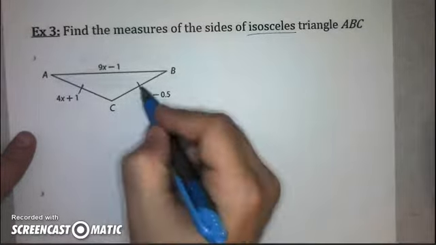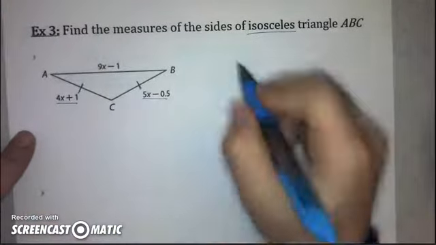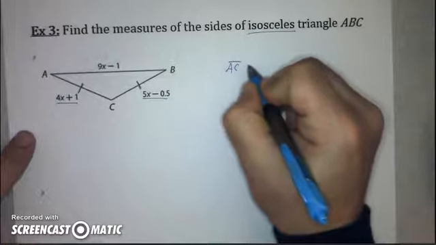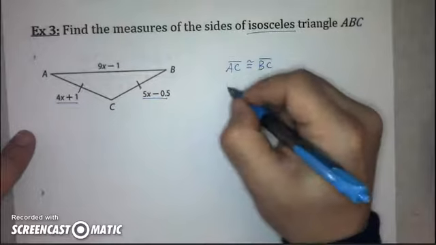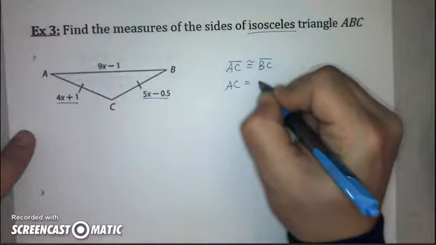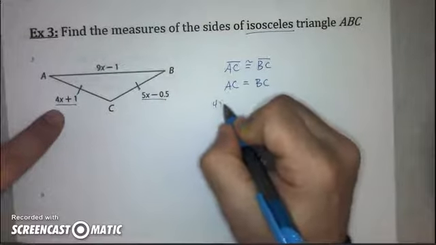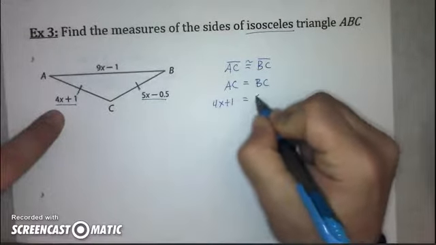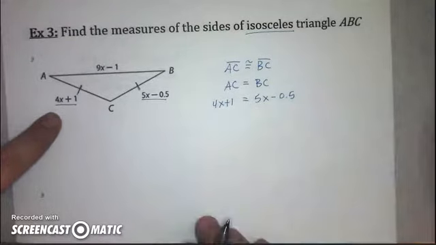But because of this relationship, we know that AC and BC are congruent. And if AC is congruent to BC, the length of AC equals the length of BC, which means their expressions, 4x plus 1 and 5x minus 0.5, are equal also.